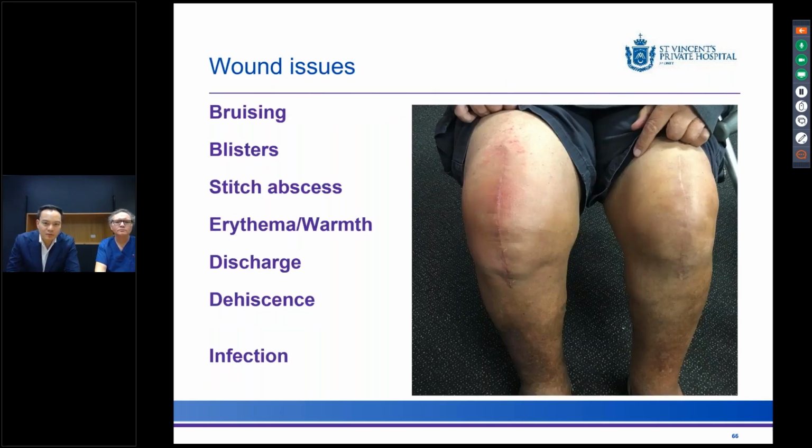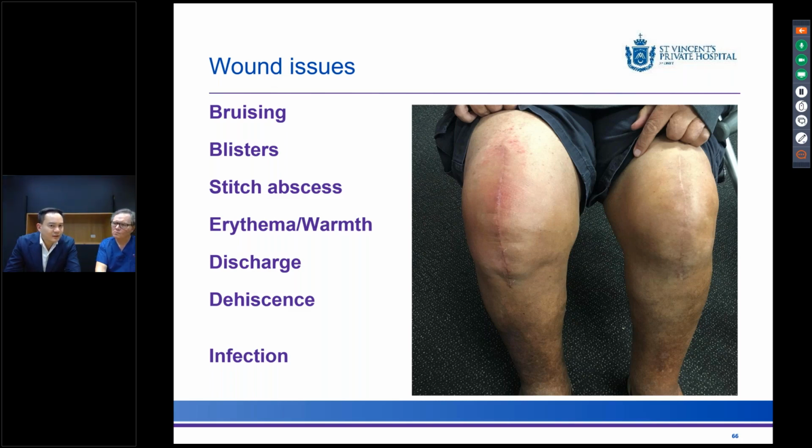So talking about wound issues, things which can be a concern sometimes are bruising, blisters, stitch abscess, erythema, warmth, discharge, dehiscence, and ultimately the main thing we're concerned about is whether there's infection, in particular deep infection of the joint.